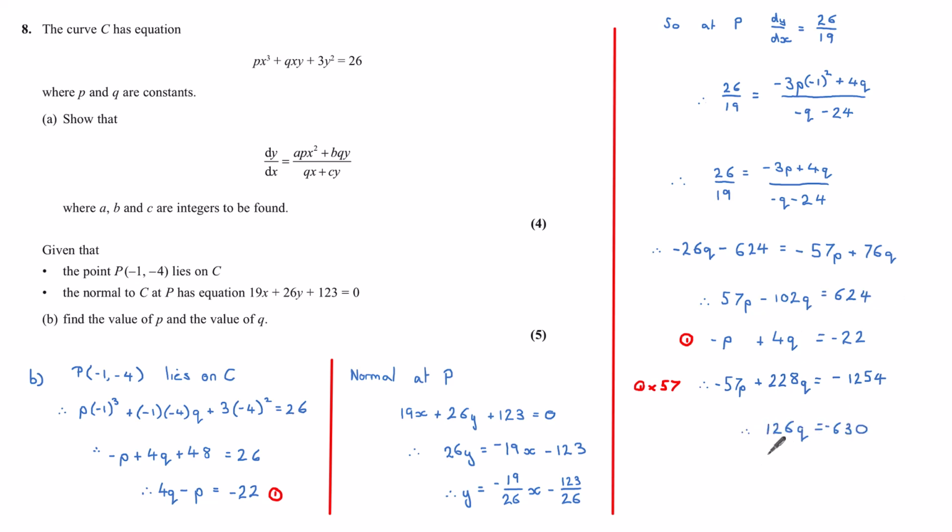That gives me 126q, that's 228 take away 102, is equal to minus 1254 plus 624, which is minus 630. Dividing both sides by 126 gives me a q value of negative 5. Substituting that into this equation here is probably the nicest, so negative 20, p must be equal to 2.